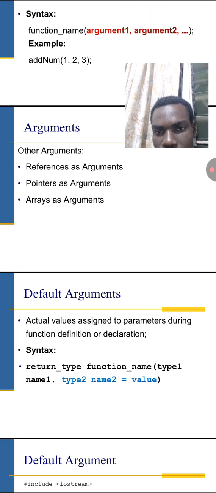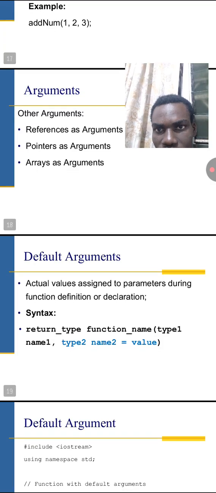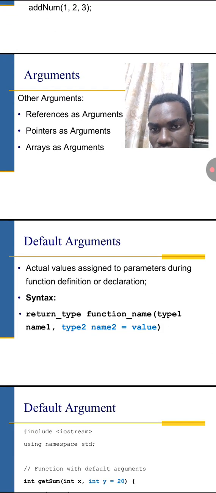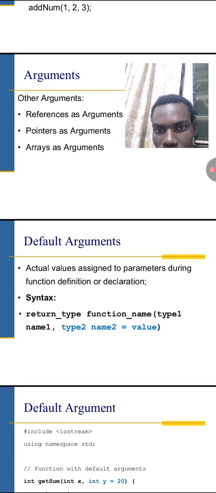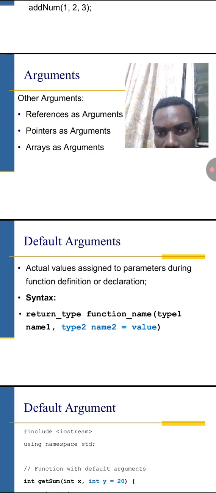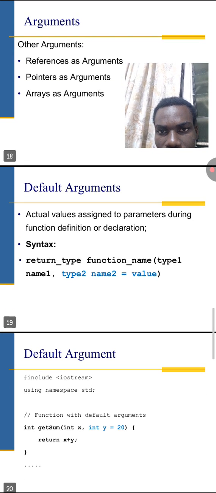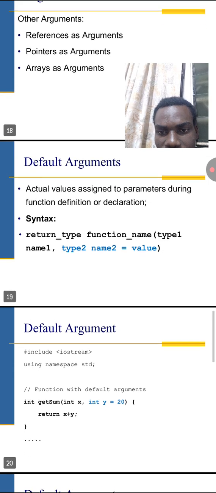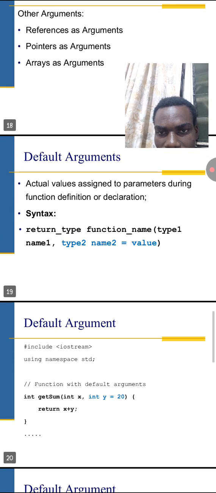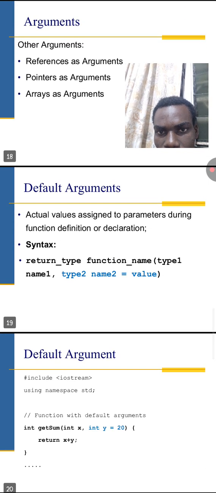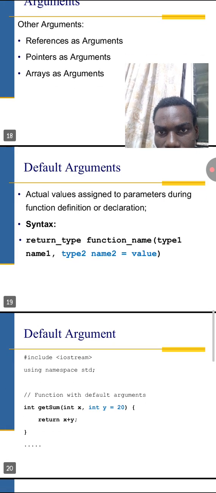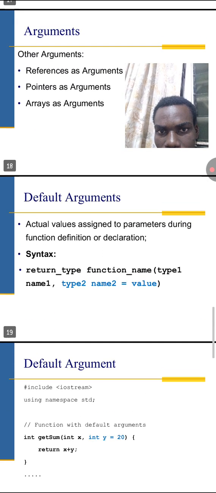We have the default argument. It is an actual value assigned to a parameter during function definition or declaration. So here it is, as you can see. It assigns values in the parameter.